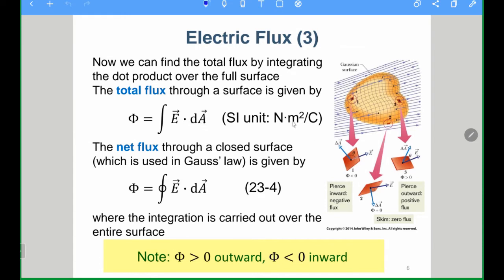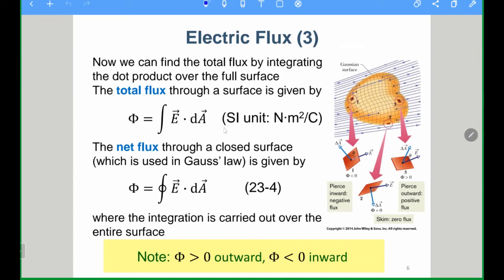Suppose we have a curved surface like a heart, then it is not a plane like a cube or whatever, but we can try to cut it into many small pieces, so that for every small piece we can regard it as a plane, and then we can use the definition as I mentioned in the previous page.